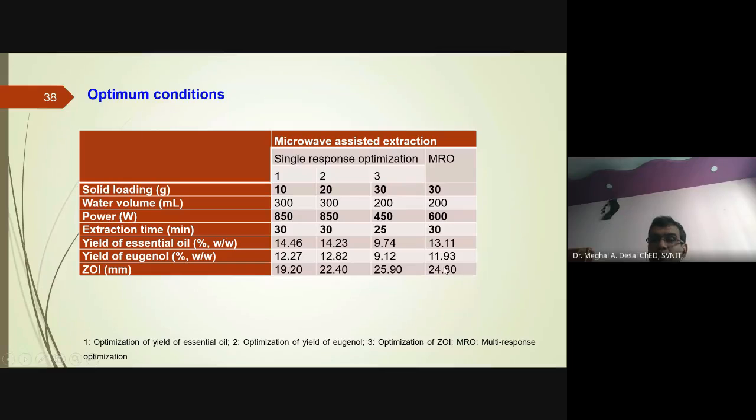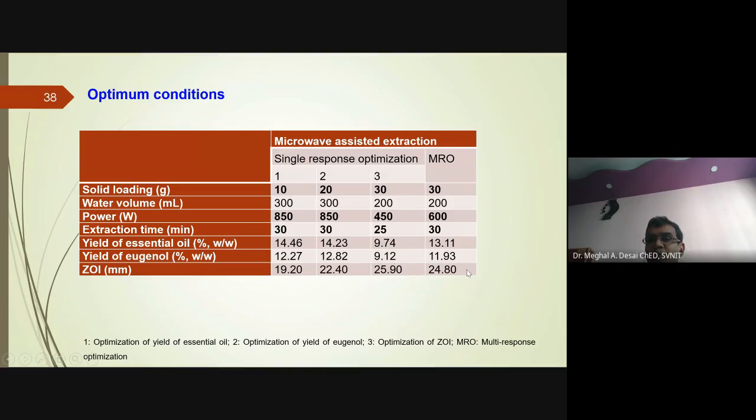Similarly, zone of inhibition, it was 25.90 when you go for single response, but when you go for multi-response, it is 24.8. Okay, तो कोई पूछ सकता है कि यहाँ पे ज्यादा है, but what is the problem? Your yield is quite low.